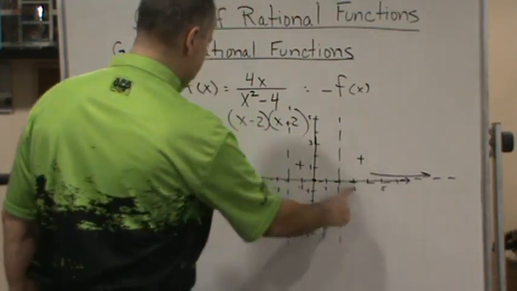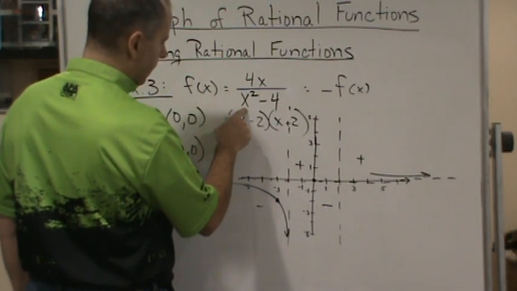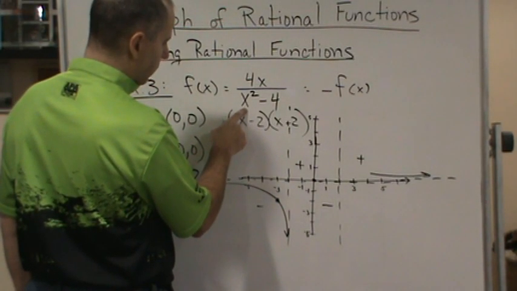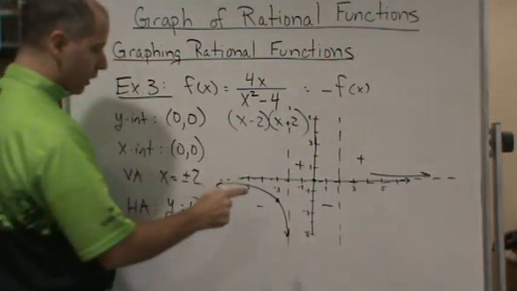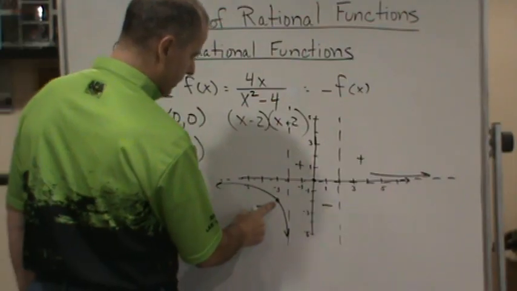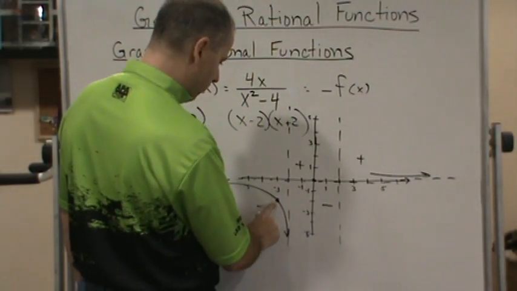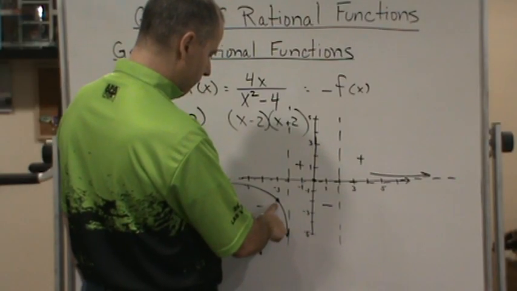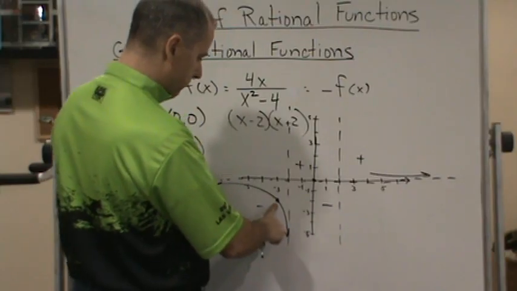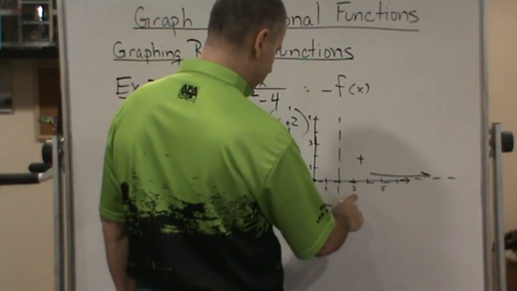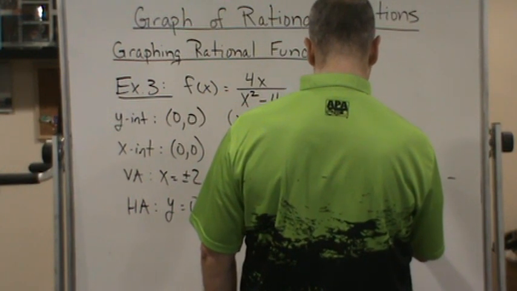Now, I'm over here on the positive side, but I know that this is going towards 0. Now, at positive 3, what's happening? At positive 3, this is going to be positive. Remember? Symmetric about the origin. So instead of negative 3 and negative 12 fifths, this is going to be positive 3 and positive 12 fifths, which is going to be right about here.